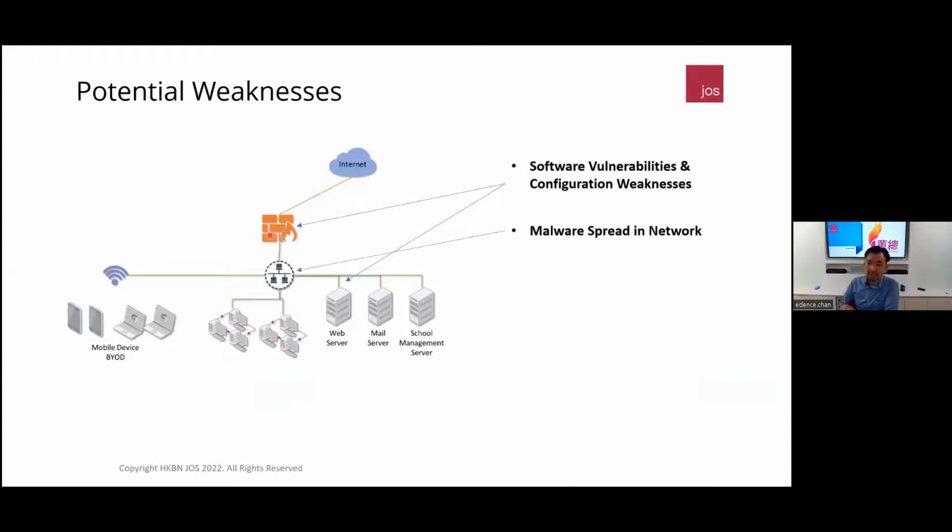Next, because this is a plain flat network, the BYOD devices like a mobile phone that we bring to school can carry malware into the school and go straight inside the PC, laptop, and the server. And in some cases we come across administrators who share username and password, to make the situation worse.